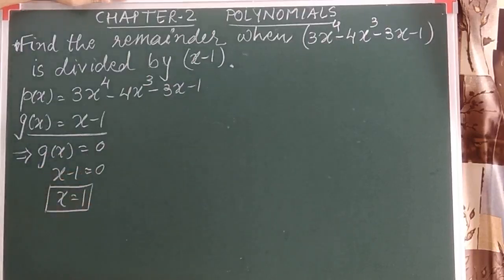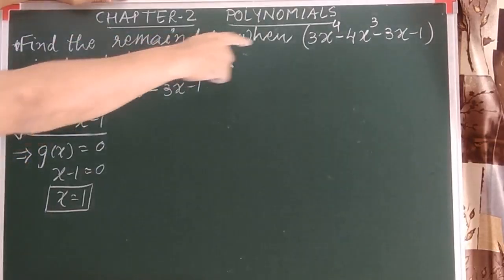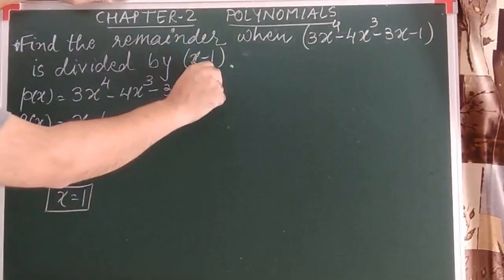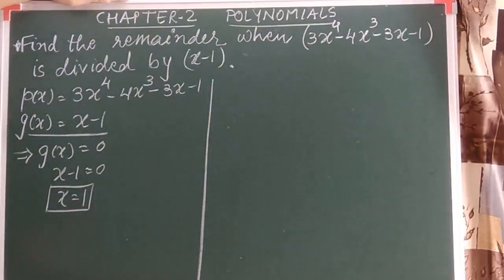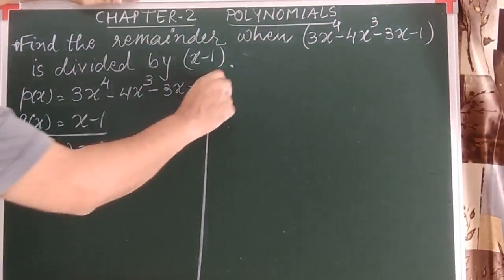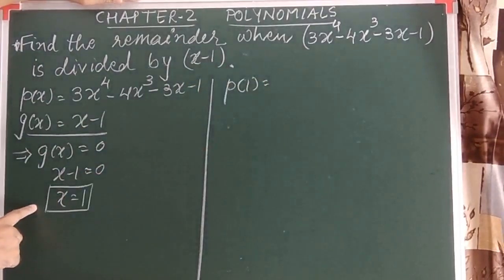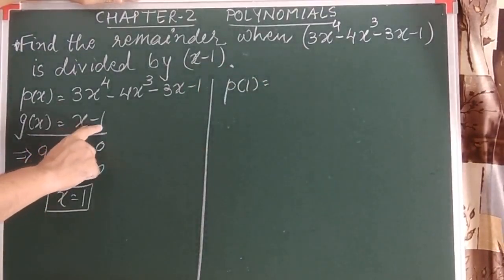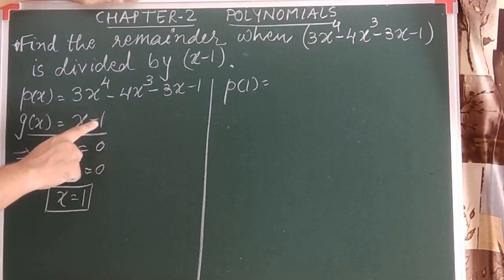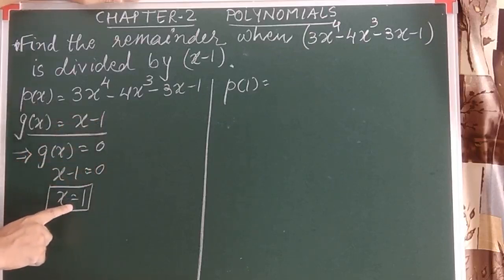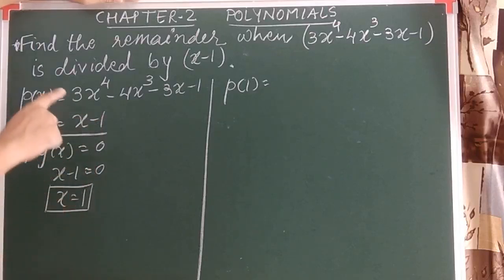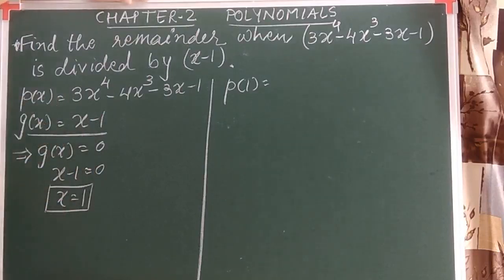Now this value of x I will substitute in the dividend polynomial to obtain the remainder. That is the zero of the linear polynomial, which is the divisor. The value of x we get for the divisor polynomial, we will substitute in the dividend polynomial.